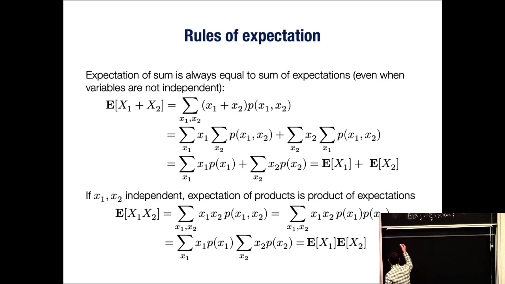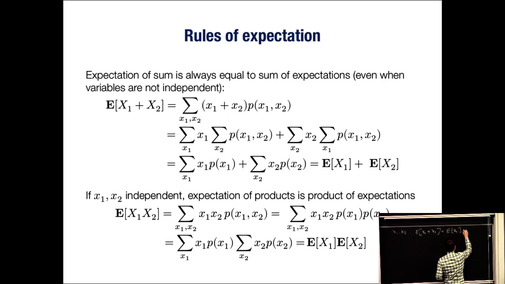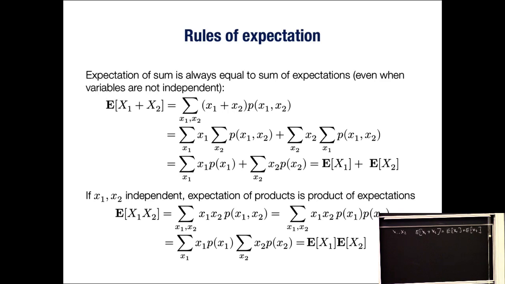The first one is that if I have two random variables, then the expectation of x1 plus x2 is equal to the expectation of x1 plus the expectation of x2. This is sometimes called linearity of expectation. You can also multiply them by a scalar, and the same thing holds.